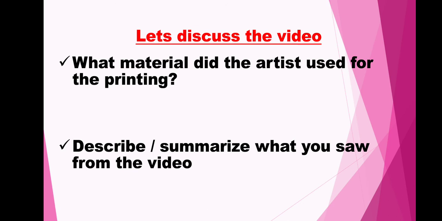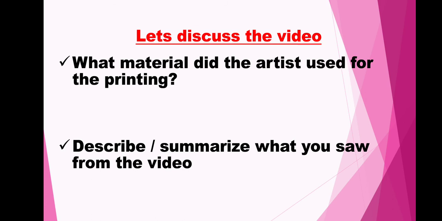Then the second one says we have to describe or summarize what we saw from the video. So what I specifically saw from the video was that the designer first started the work by taking a full potato, cutting it into two, inserting a cookie cutter in it to obtain the design.